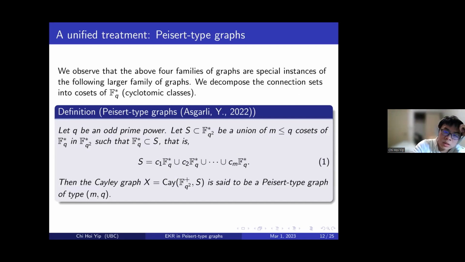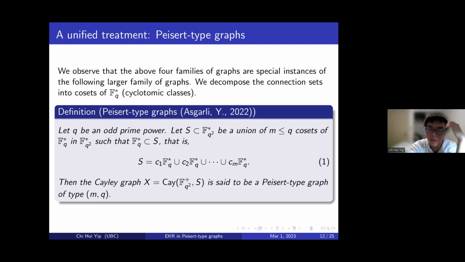For example, C1 F_q-star, C2 F_q-star, up to CM F_q-star are obviously cliques, because each is a coset of F_q-star, so it is closed under subtraction.